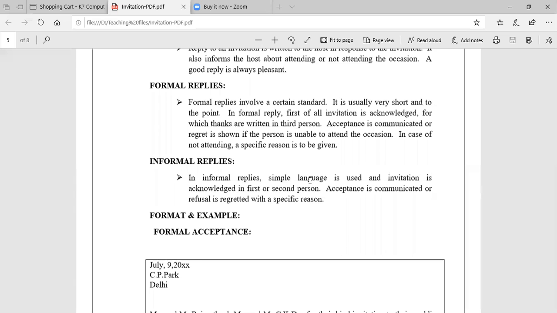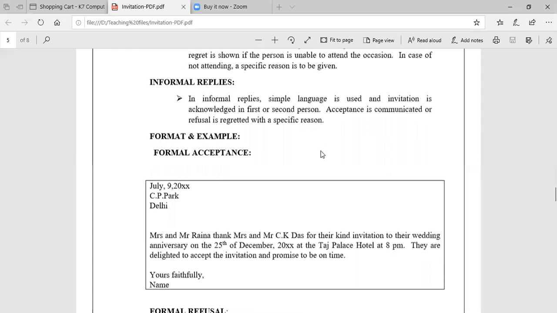Will be happy. Then talking about informal replies also, simple language is used and the invitation is acknowledged in first or second person. Acceptance is communicated or refusal is regretted with a specific reason. So we have to give a reason when we are unable to attend the function, celebration or invitation.